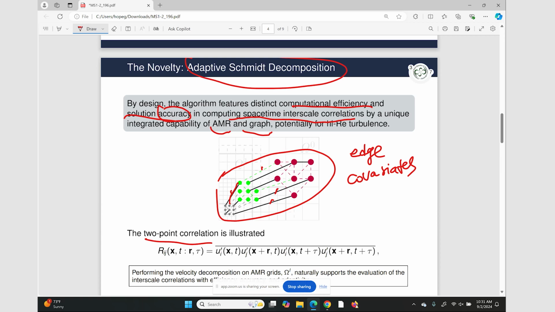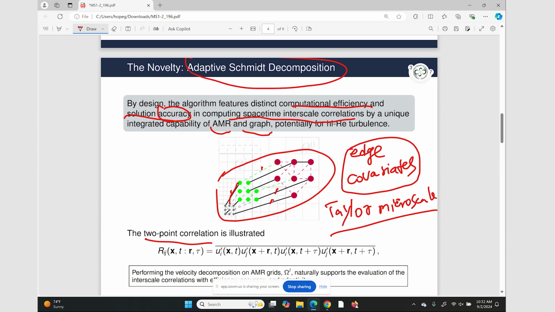Okay. So how do we really reduce the size? There is an important quantity, edge covariance. And what are we basing it on? There are many quantities we can use. For example, I can use the Taylor microscale. For turbulence, you know what this quantity is.